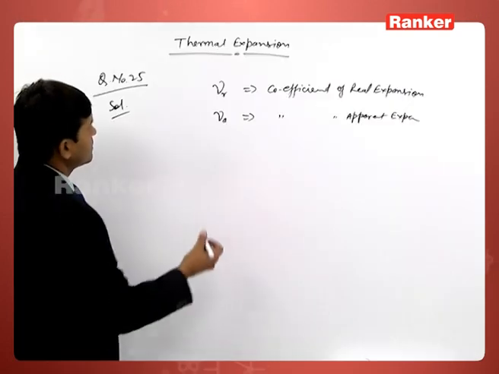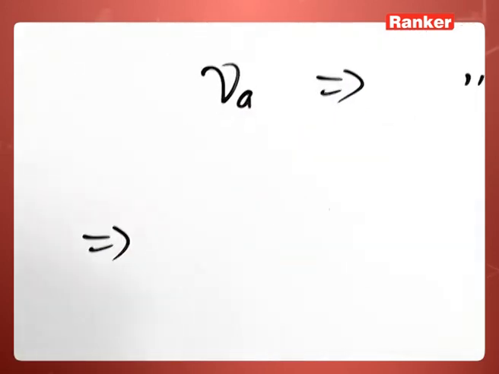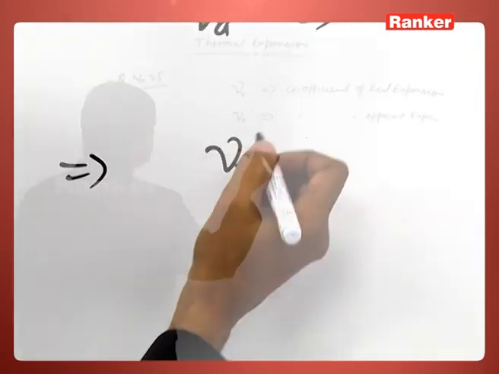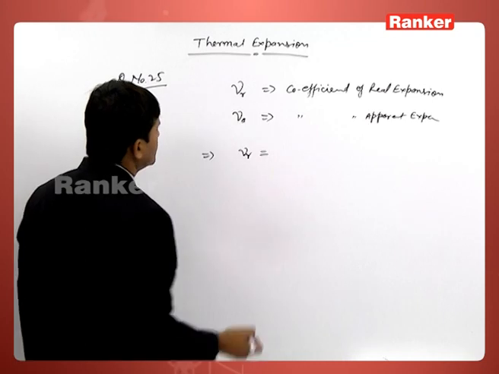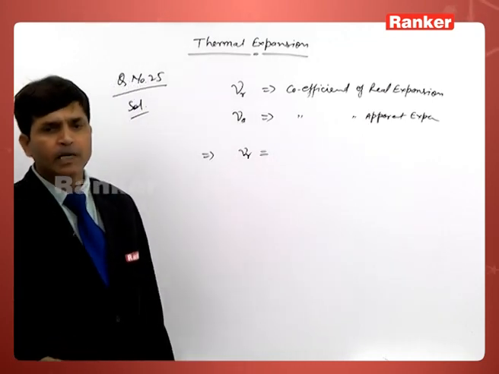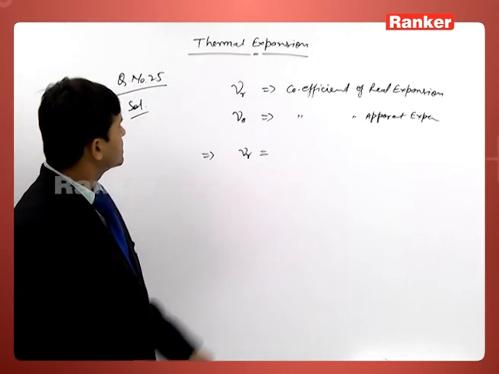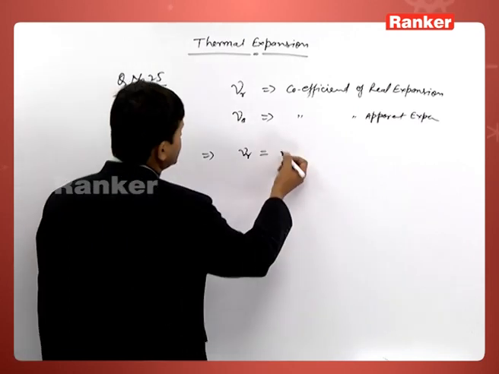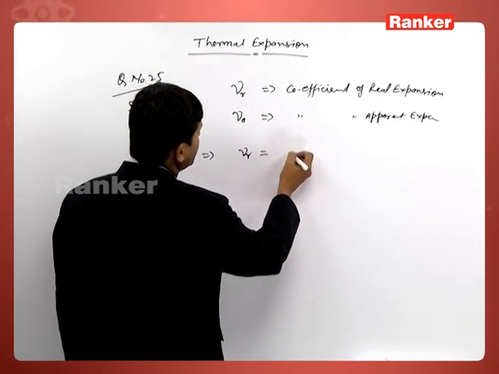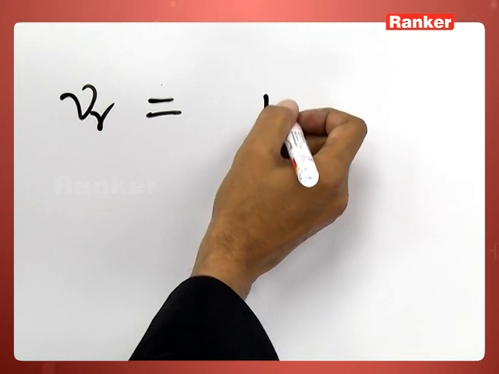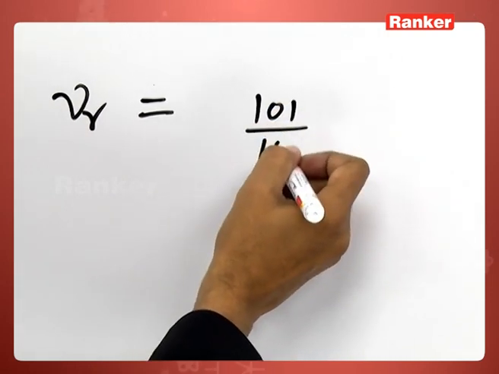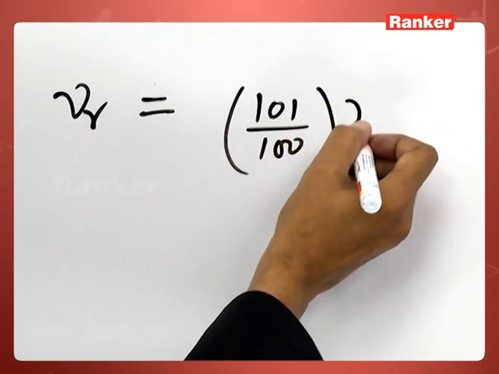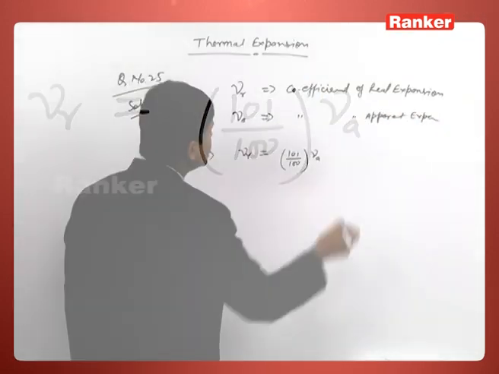So it means the coefficient of real expansion now becomes 101 by 100 times the coefficient of apparent expansion.